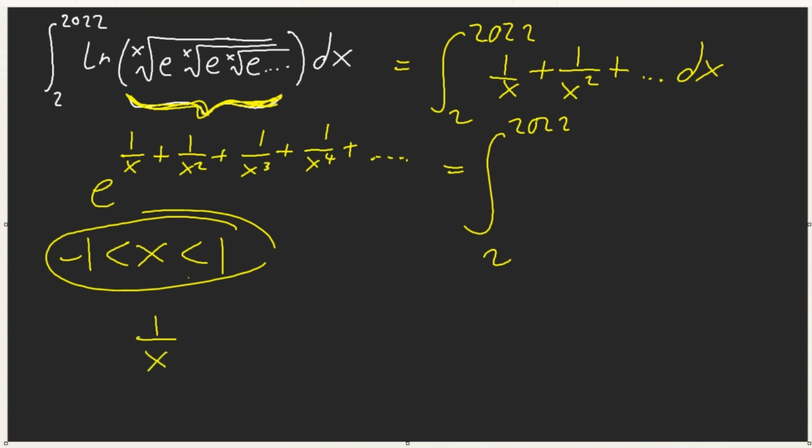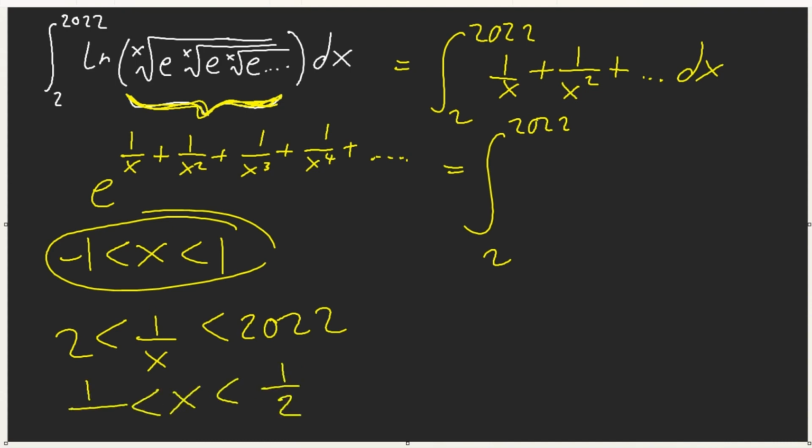in 1 over x, we can definitely use geometric series because we have between 2 and 2022 as our bounds. Can we use geometric series? Well, let's see. Let's flip it. And when we flip it, oh, absolutely. Yes, because it is definitely in between -1 and 1.